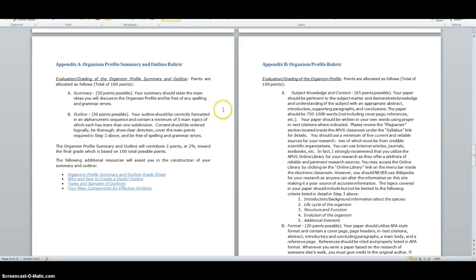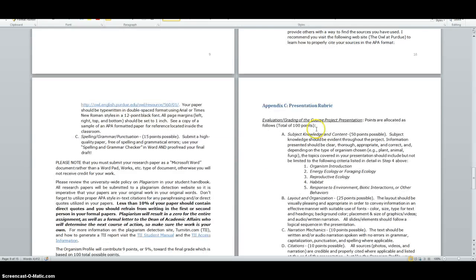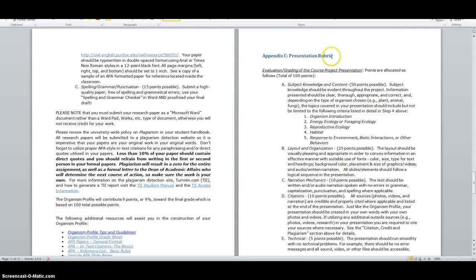Next, you'll find a general outline of all of the grading rubrics for each assignment, from the organism profile summary and outline to the organism profile to the presentation.